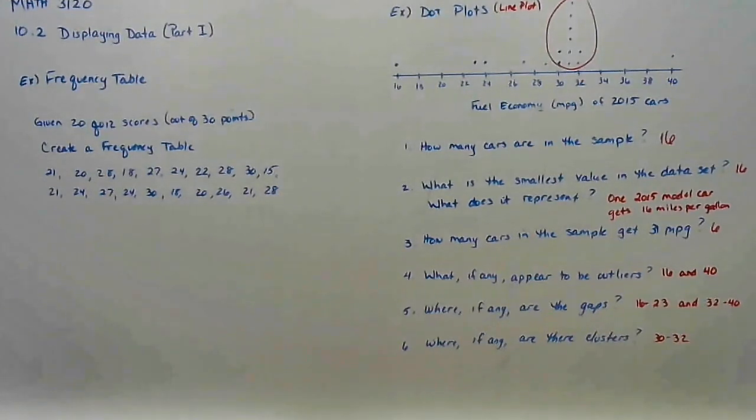And again, you can pull up the PDF so you don't have to write these all down, or you can print it out so you can. Let's create a frequency table.